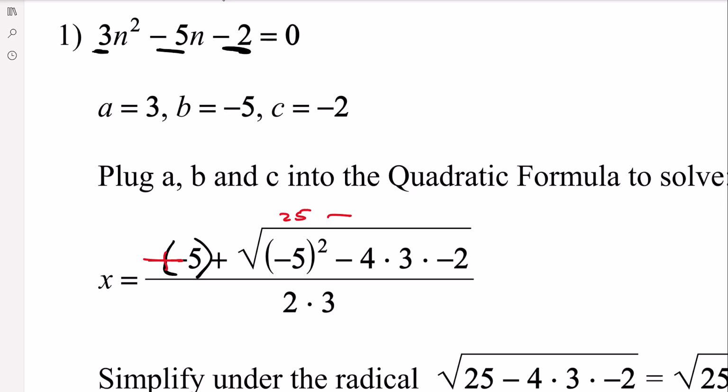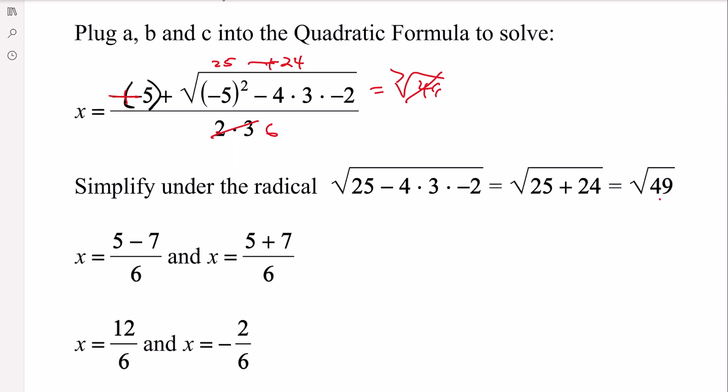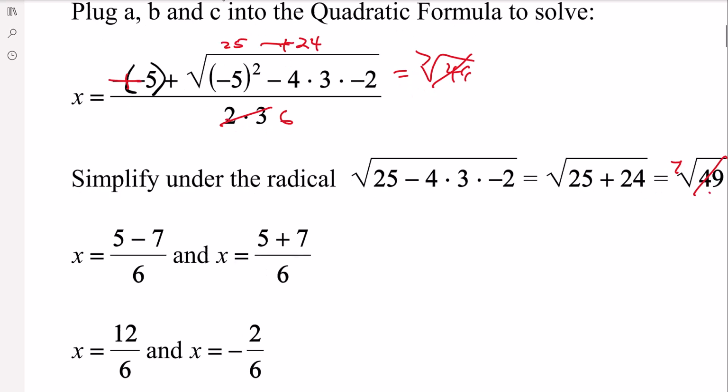Subtract 4 times 3 is 12. 12 times -2 is -24. So that's going to be plus. So this is going to equal the square root of 49. The square root of 49 is 7. And then in the denominator, 2 times 3 is 6. So you simplify all of that.